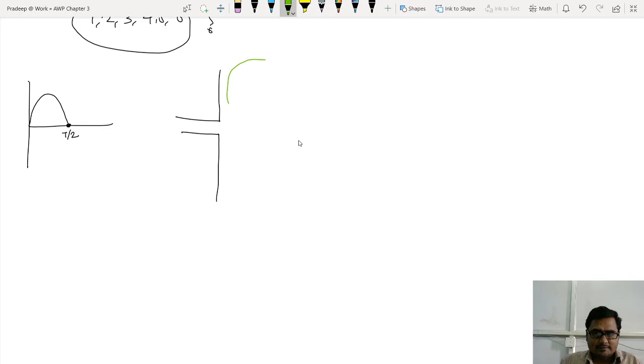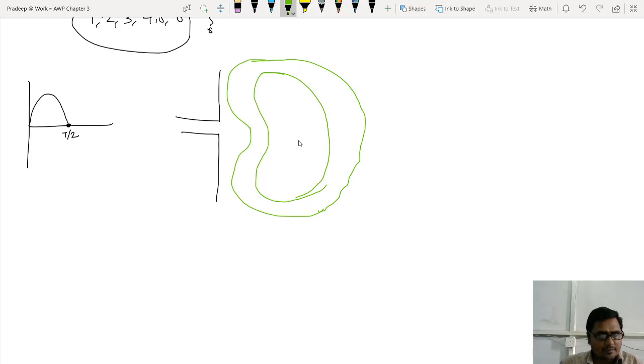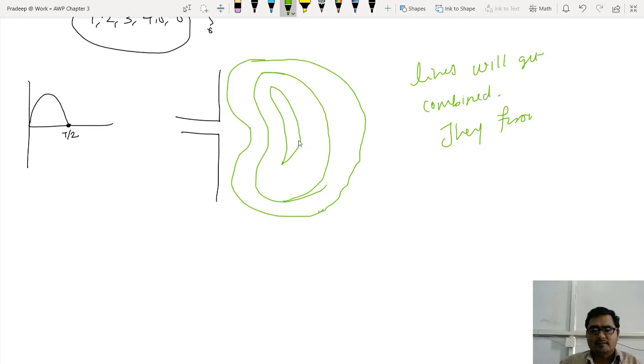And look at this, they will create a structure like an apple. Something like this, those lines will appear to us to combine. And that's what, look at this, those lines will get combined, that is they form a loop, and that will be our complete electric field.